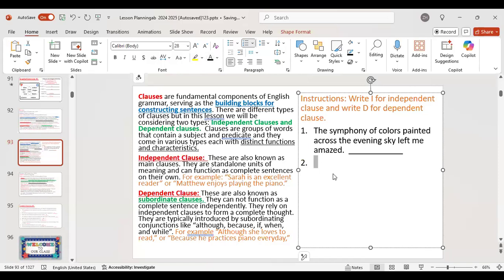Number 2, because the negotiations were conducted with utmost diplomacy.